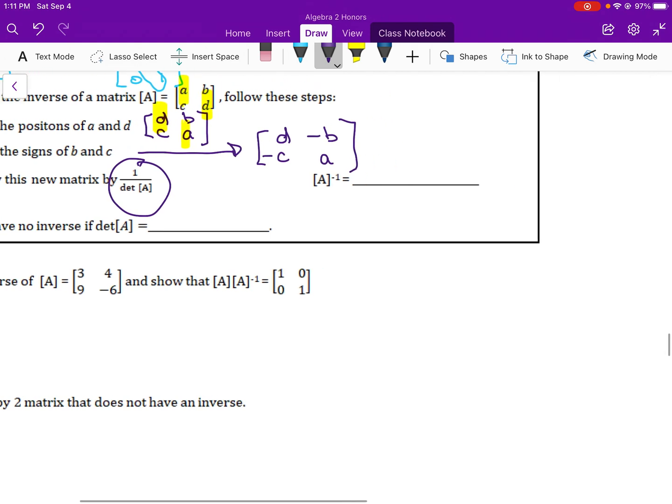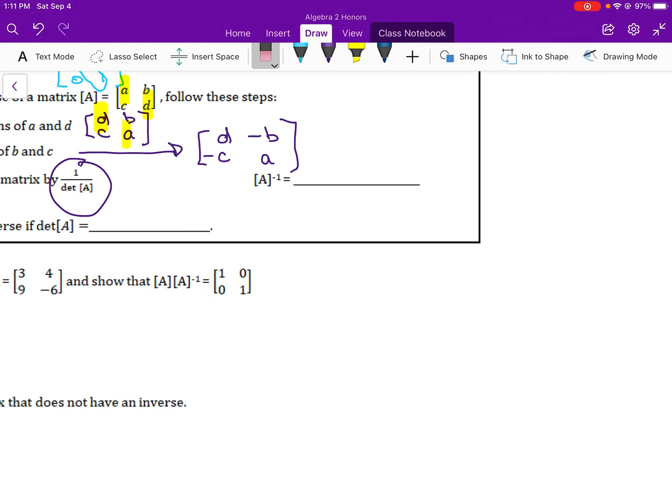So lots of changes here. But if we were to summarize how to write this all out, we say that the inverse of matrix A is equal to 1 over the determinant of A, times this new matrix where we've switched some things around: D, negative C, negative B, A. So we make some updates to matrix A, and then multiply by 1 over the determinant of that matrix.